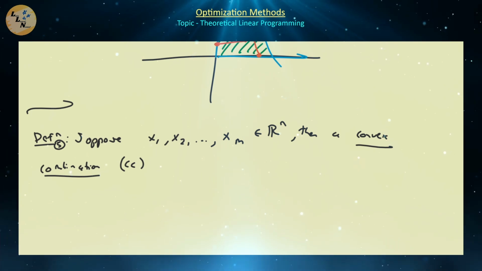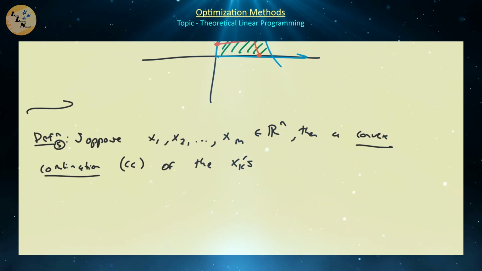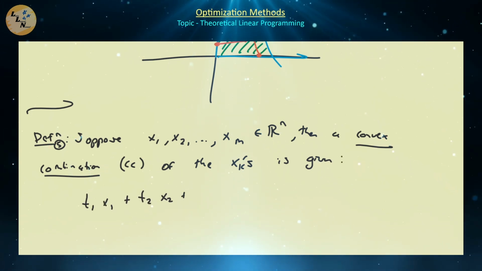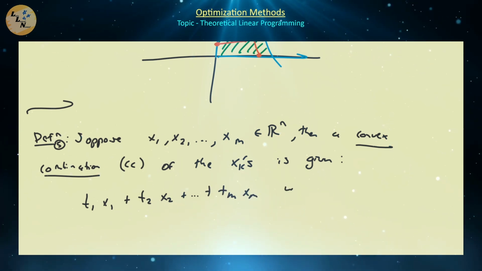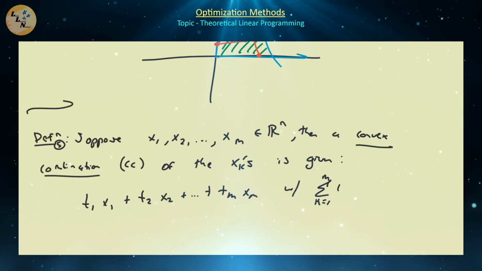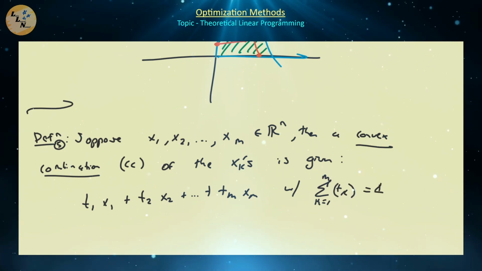If you're familiar with linear combinations, convex combinations are a similar thing, but it mandates convexity of the xk's. It is given by the following expression: t1x1 plus t2x2 all the way down to tmxm, where the sum from k equals 1 to m of tk must be equal to 1.